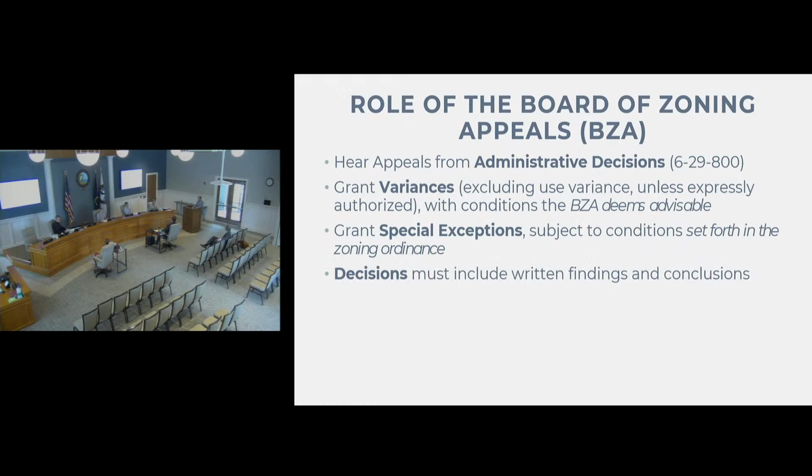Their decisions do have to include written findings and conclusions, and this is something else that distinguishes BZA opinions in a quasi-judicial context from the council's decisions in a legislative context, unless there's a local rule that requires findings be made. The statutes haven't required that for rezonings. So these proceedings are quasi-judicial, and appeals from the BZA, unlike in some states, go directly to circuit court.